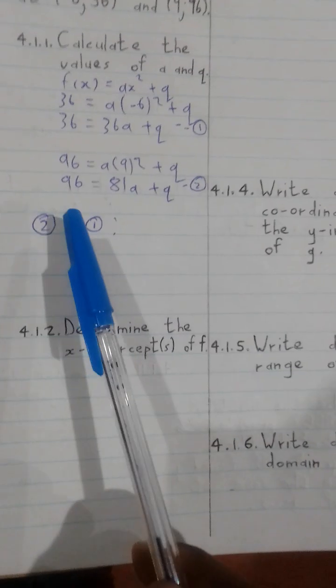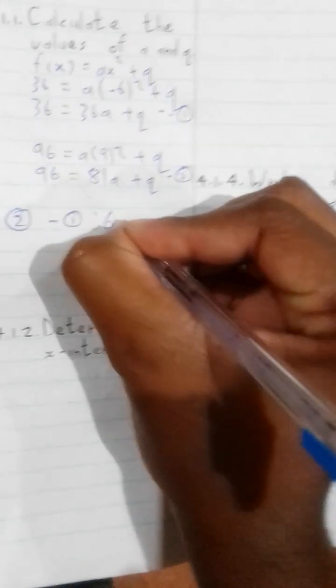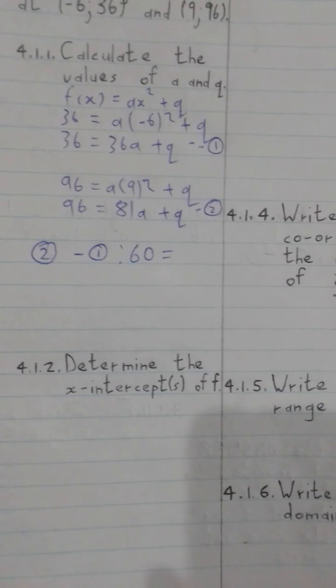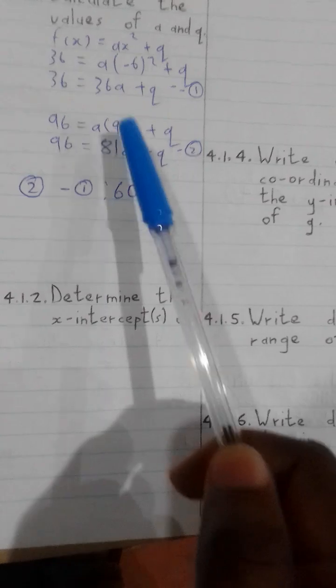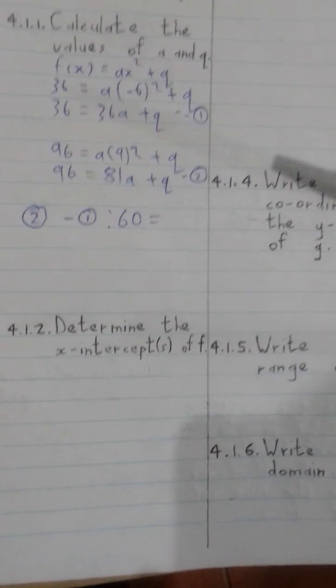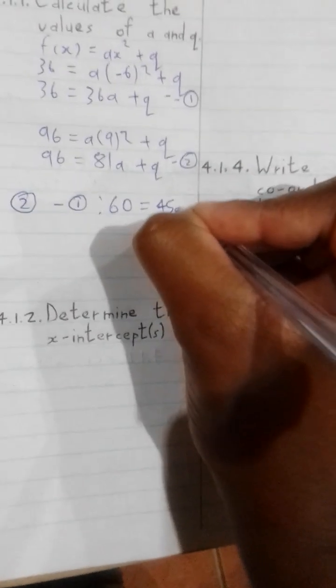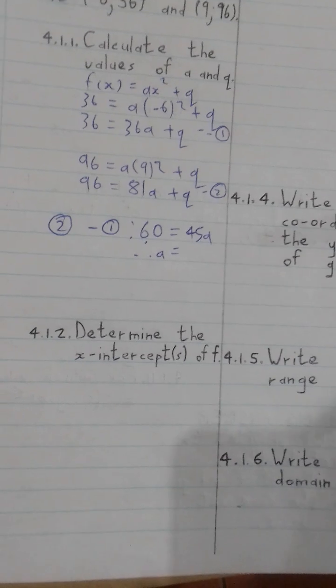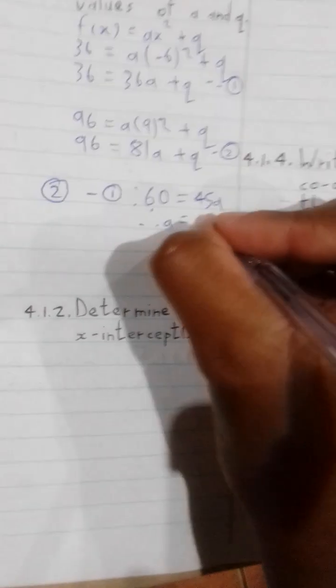On the left hand side, 96 minus 36 gives us 60. On the right hand side, 81a minus 36a, 81 minus 36 is 45a. And then q minus q is 0. So therefore a is 60 divided by 45, 4/3.